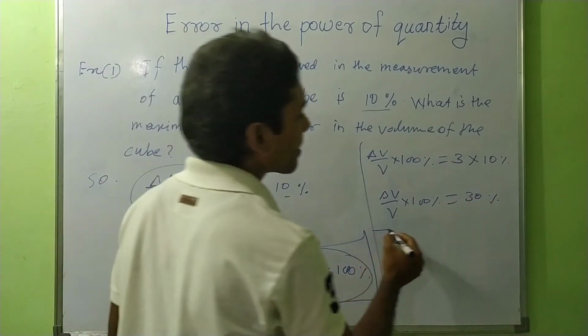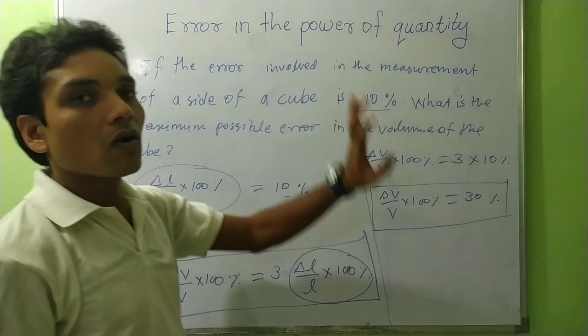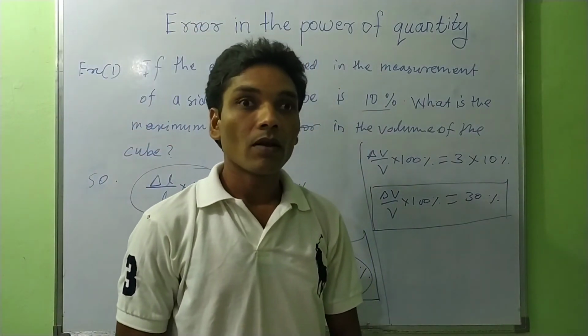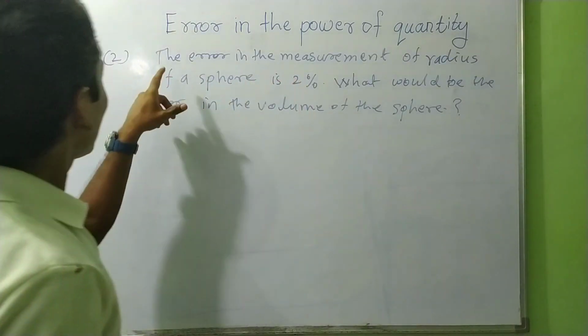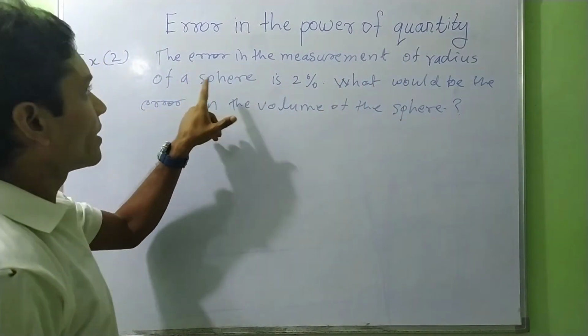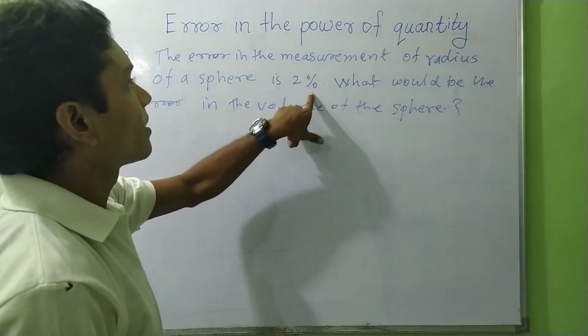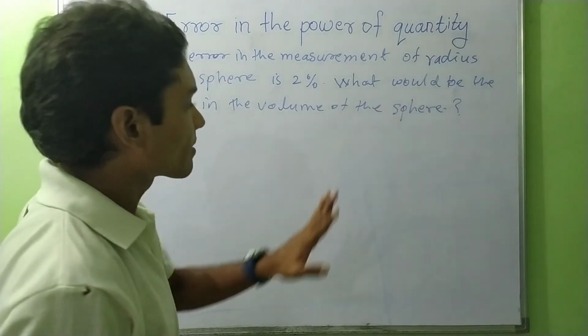It is a very simple example of error in the power of a quantity. We can take another example. Look at this example. The error in the measurement of radius of a sphere is 2%. What would be the error in the volume of the sphere?